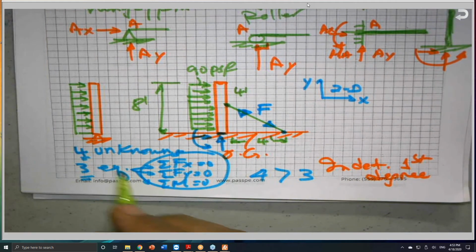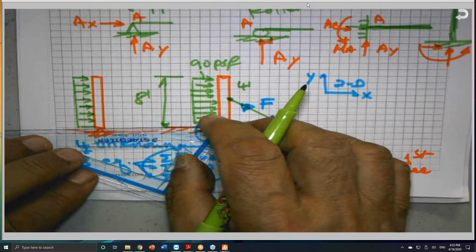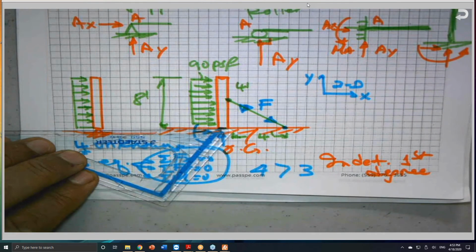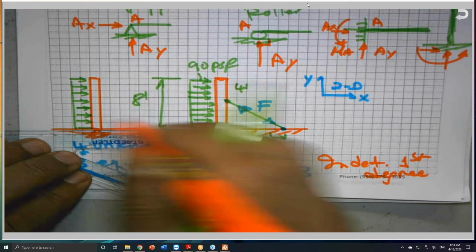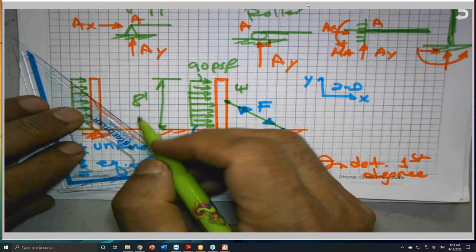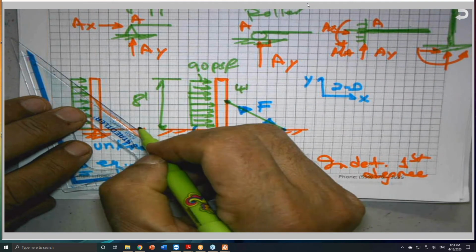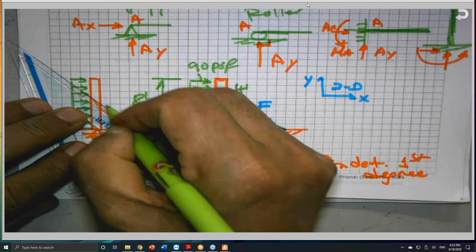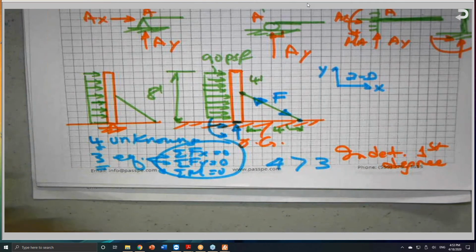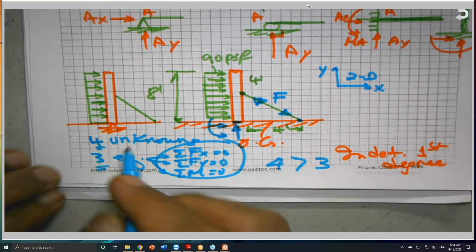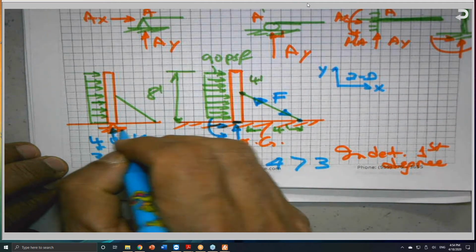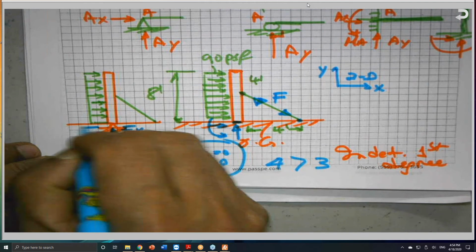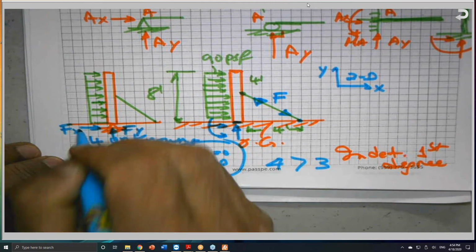Because I have the brace here, and right now I have only two unknowns at the hinge because there is no moment. Moment is equal to 0. So I have only two unknowns here, F sub y and F sub x. Two components at any hinge.